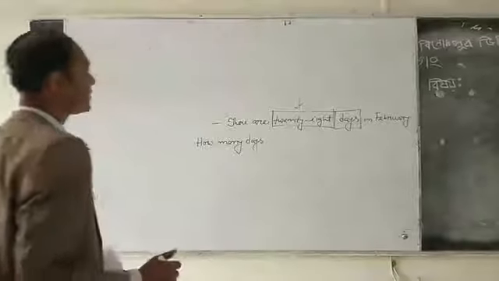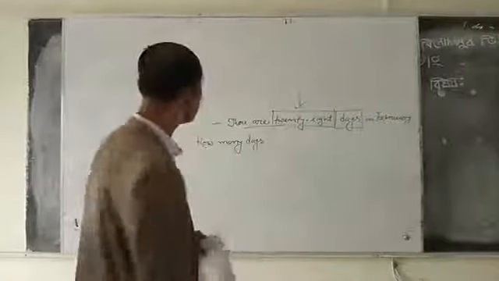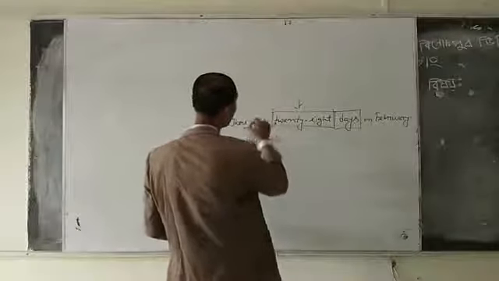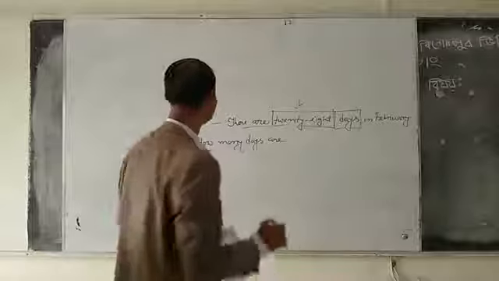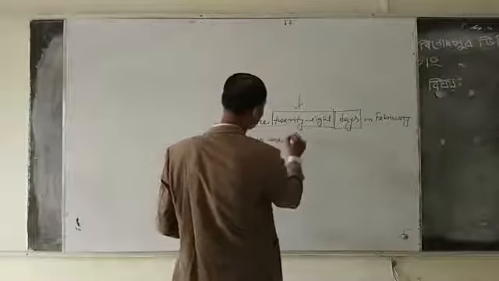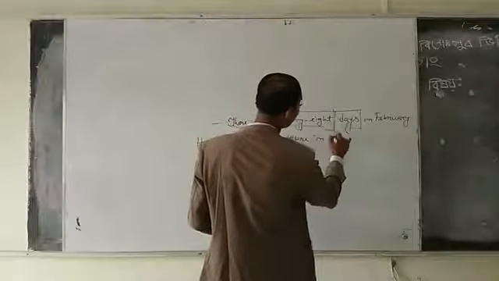Here we get the auxiliary verb directly. Okay? How many days are? Then the subject, in February.